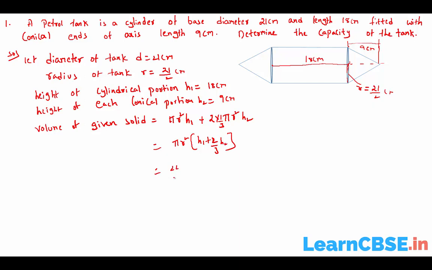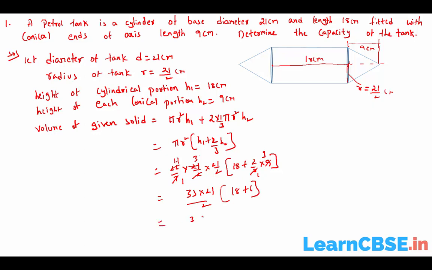That is pi, 22 by 7, into r square, 21 by 2 into 21 by 2, into h1 18 plus 2 by 3 into 9, where h2 is 9. 3 ones 3, 3 threes 9. Now we get 7 ones 7, 7 threes 21, 2 ones 2, 11 threes 33, into 21 by 2. 18 plus 3 twos 6, that means 33 into 21 by 2 into 24. 2 ones 2, 2 12s 24.